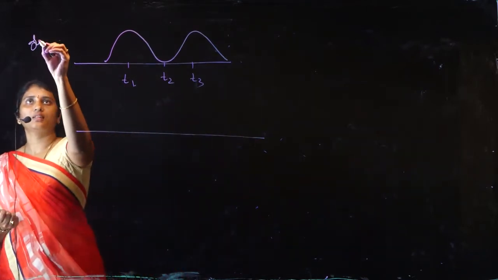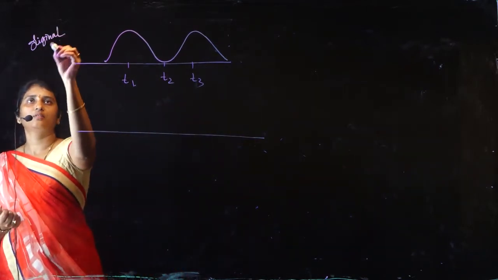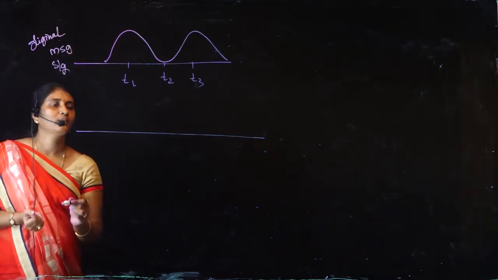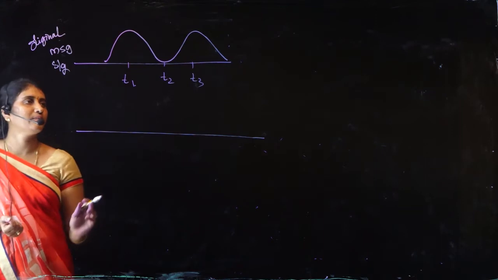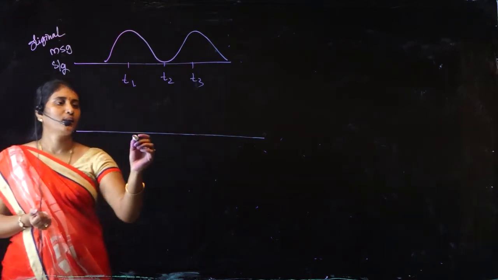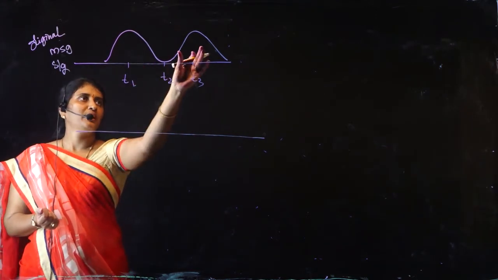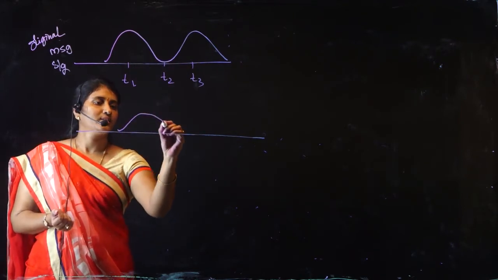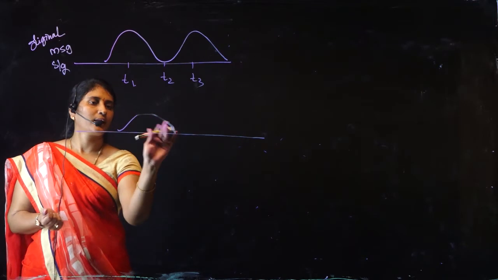This is the original message signal. When this signal travels for a certain time interval, what happens is each pulse of this particular signal starts broadening its timing.